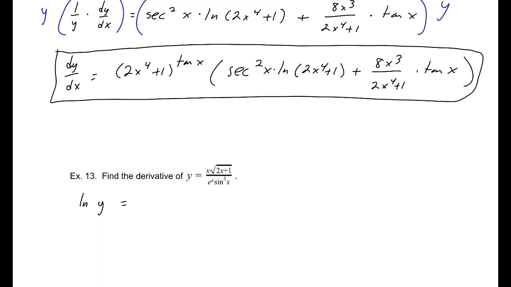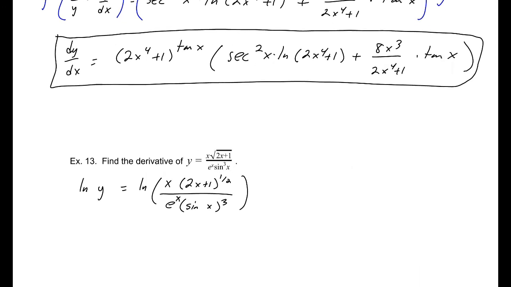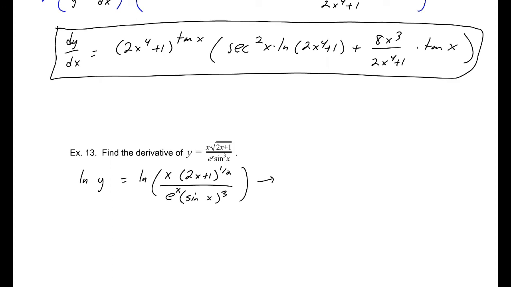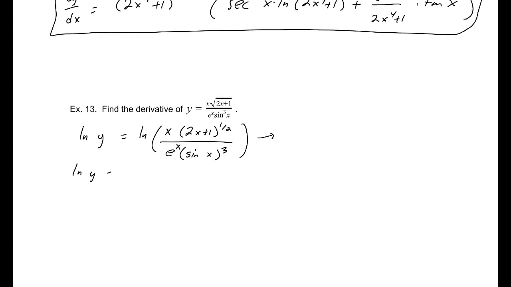So this becomes natural log of x, and I'm going to go ahead and write this as an exponent, over e to the x sine cubed x. So this is going to be natural log of y. I'm not taking my derivative yet. Keep that in mind.